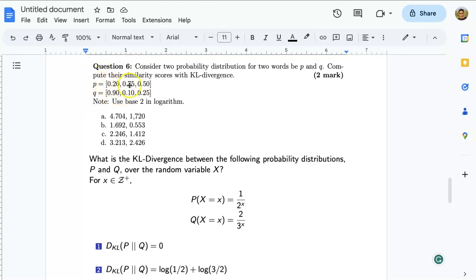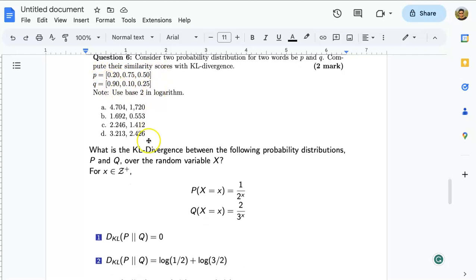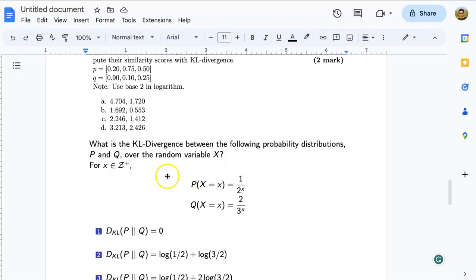They are not explicitly giving the values, but they are saying P and Q are distributions represented with a random variable X. This is the P distribution, and this is the Q distribution.